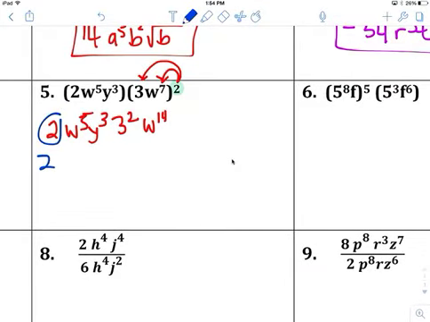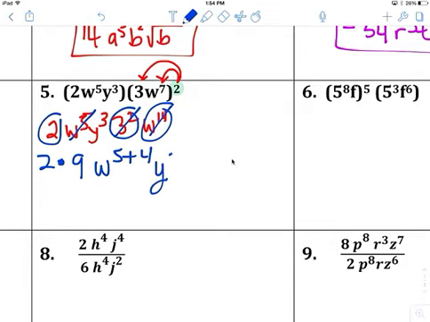That's 2. This is 9. W to the 5th, w to the 14th, and y to the 3rd. So you have 18w to the 9th, y to the 3rd. Okay?